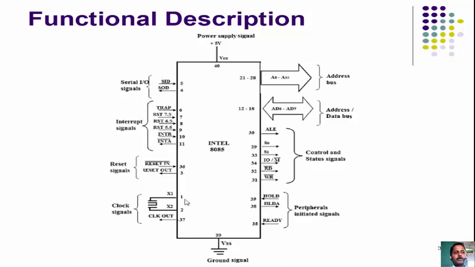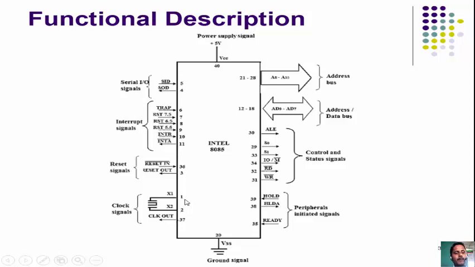Why are we getting 3 megahertz by connecting a 6 megahertz crystal on pin number 1 and 2? Internally the crystal oscillator available inside the 8085 package generates a clock frequency which gets divided by 2. Due to the divider network the 6 megahertz clock gets divided by 2, meaning internally we get 3 megahertz, and the same 3 megahertz clock signal we can get by using pin number 37.